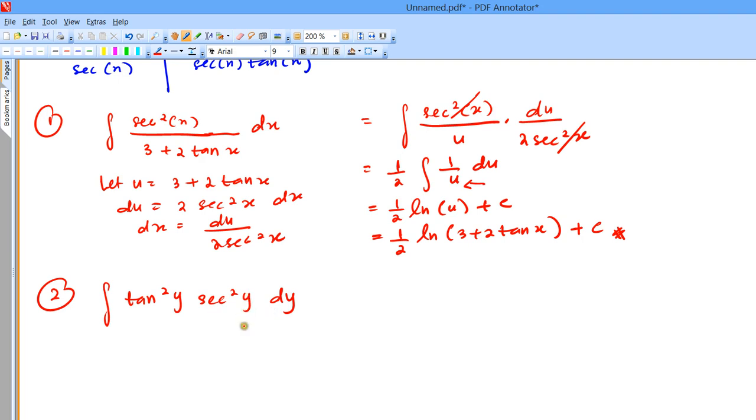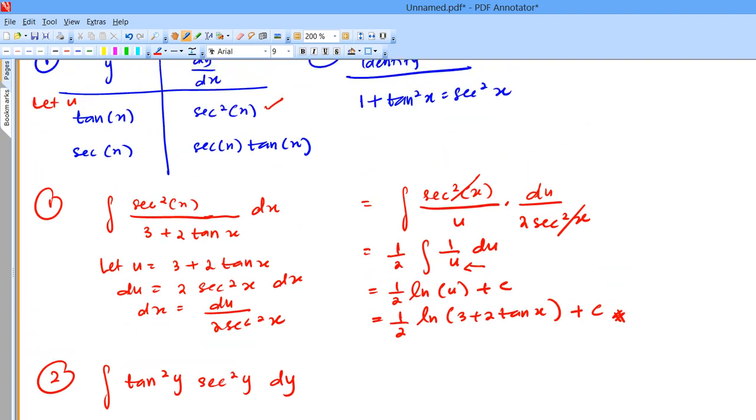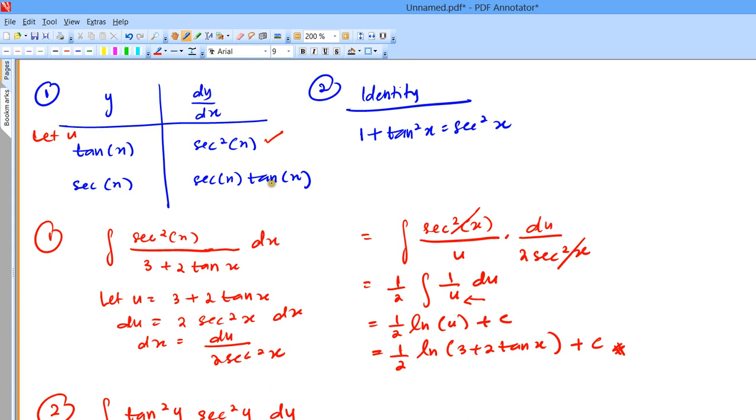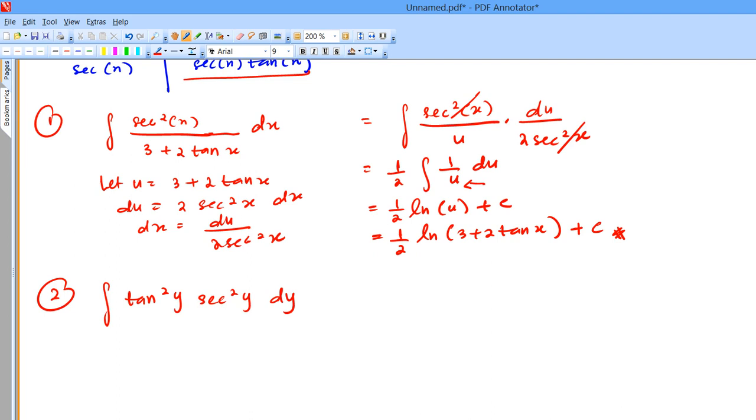Which term we can eliminate is based on the table of differentiation on your right hand side. We can eliminate either secant square or secant x times tangent x. Based on our problem, we have secant square y, so we can eliminate this term.